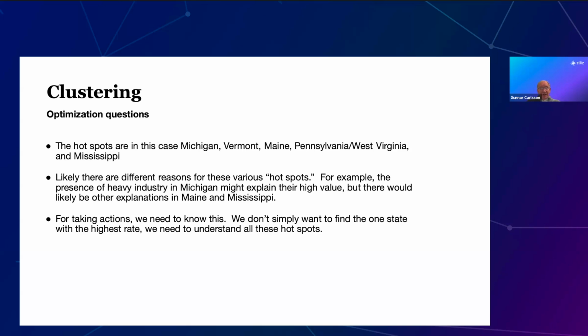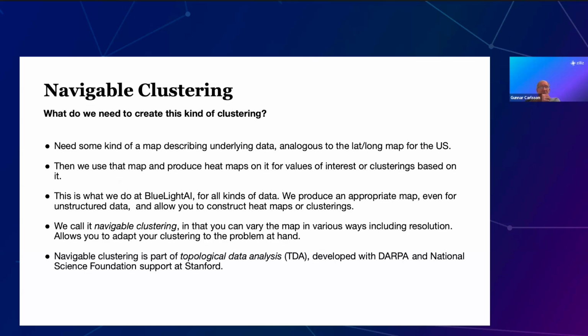And so for us, what we're going to be talking about in our case study is exactly finding these kinds of hotspots where the Gen AI models underperform. So, what do we need to create this kind of clustering?